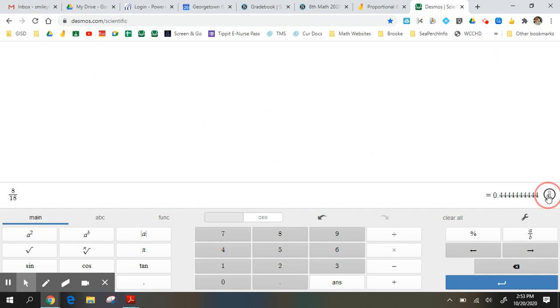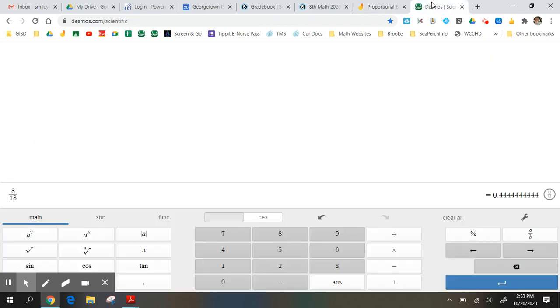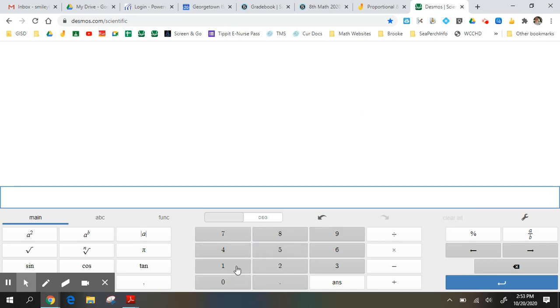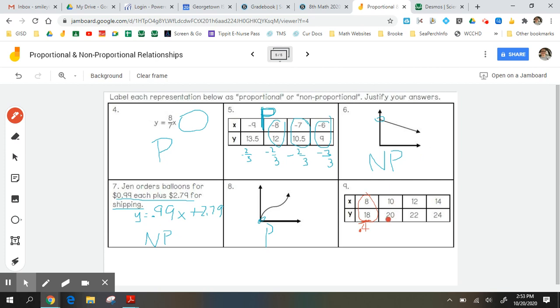Oh, what it is. 4/9. 10 divided by 20. 10 divided by 20 is 0.5. I can stop right now because these two numbers are not the same. That means it is non-proportional. Now, the others in the table might be 0.5 or 0.4. I don't know. I don't even have to work on because we already know it's not proportional.